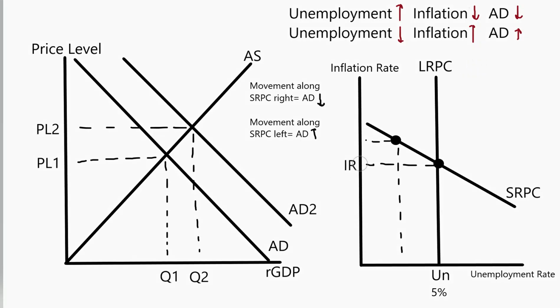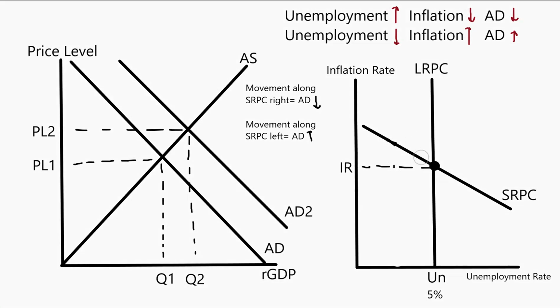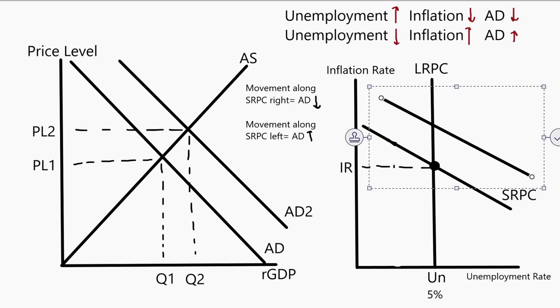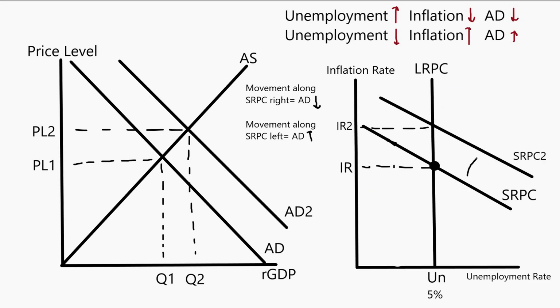And the same way you can look at AD in terms of inflation and employment, you can also look at AS. But instead of shifting along SRPC, SRPC as a whole shifts either right or left. So as you can see, if SRPC shifts right, if it goes up, then inflation rates go up.